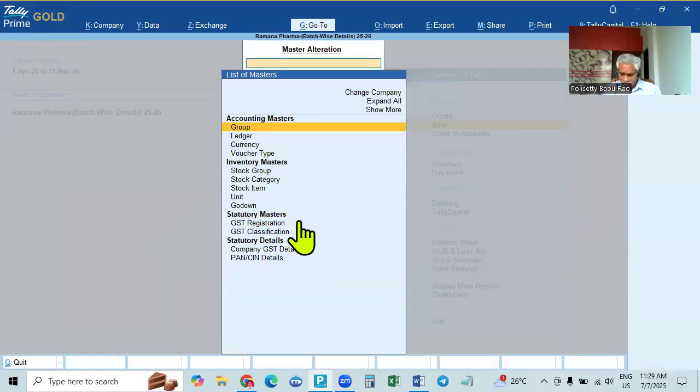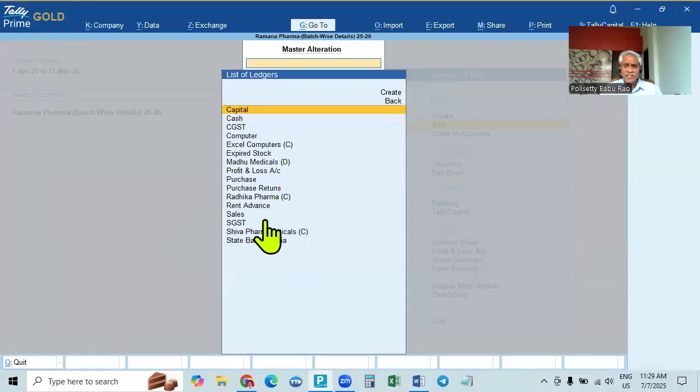In the case of ledgers, we will create all the ledgers in the normal way, just like any other business. So GST ledgers, then purchases and sales, then debtors and creditors, then tax, bank account, any other expenses, any incomes, as well as capital account, as well as purchase of any assets like computer, everything.